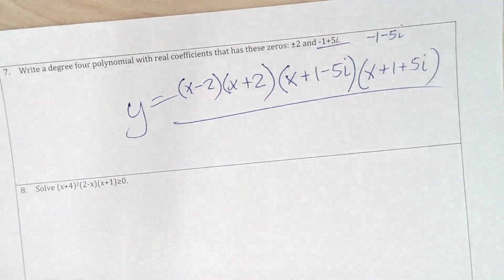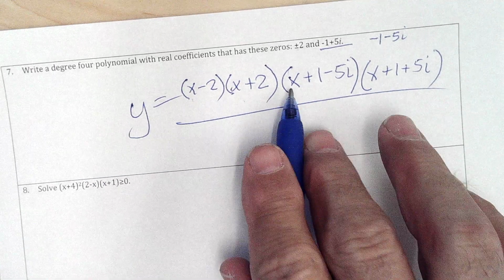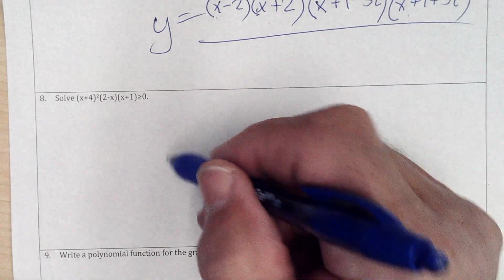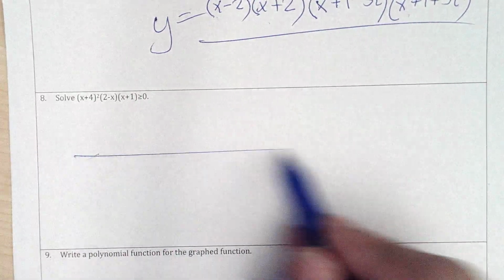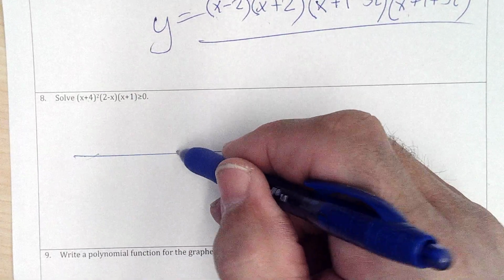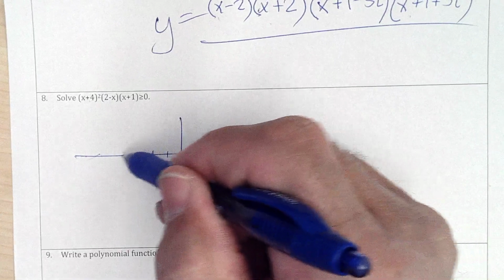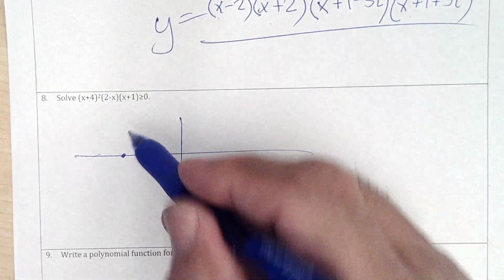And there's a fourth degree polynomial. 1, 2, 3, 4. This one, it crosses at -4. It actually bounces at -4. 1, 2, 3, 4. Bounces here.